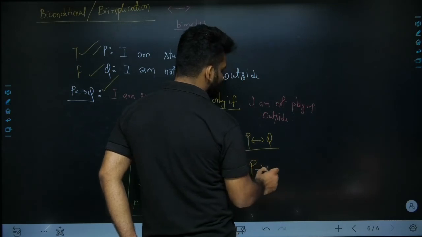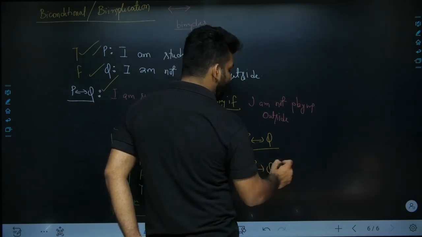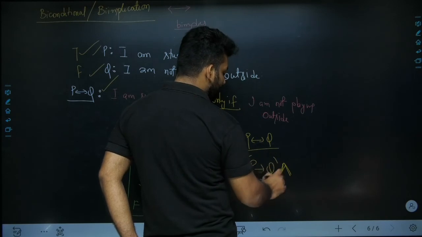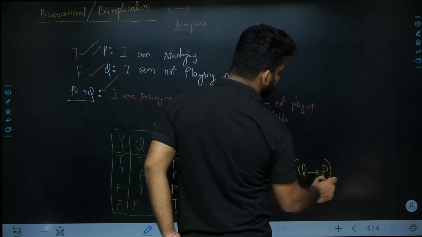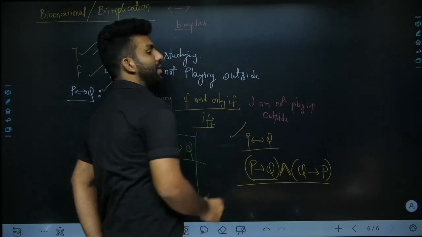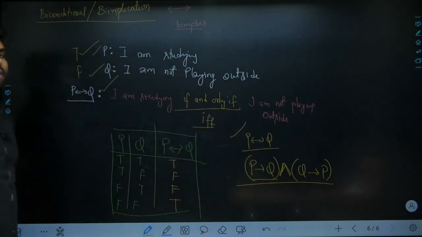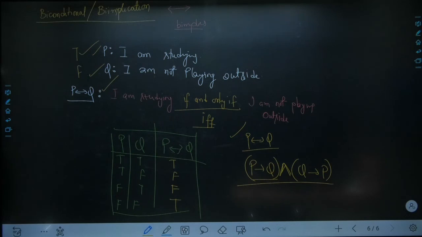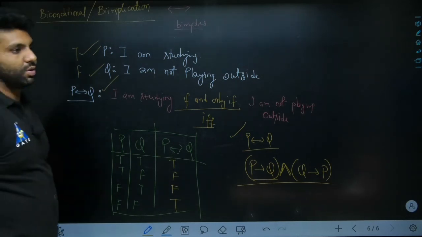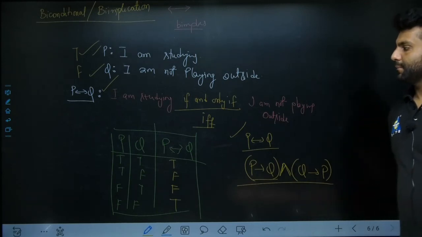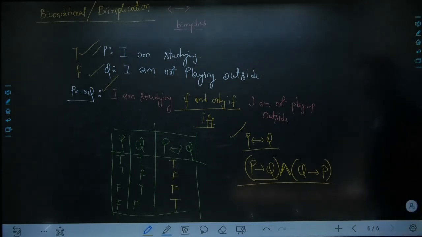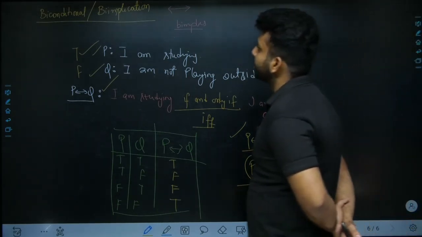P implies Q, this as well as Q implies P, this also must be true, so that I can say P bi-implies Q. Otherwise I won't be able to say that this thing holds true. I won't be able to declare this. So this was it with respect to biconditional or bi-implication.